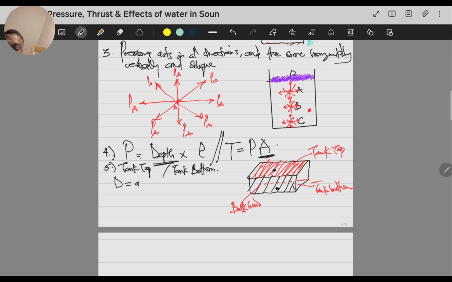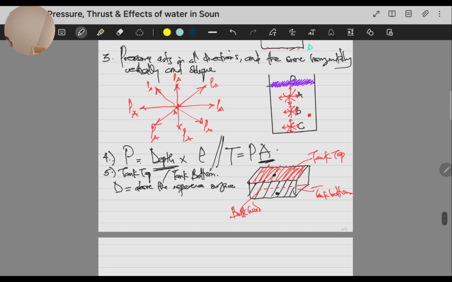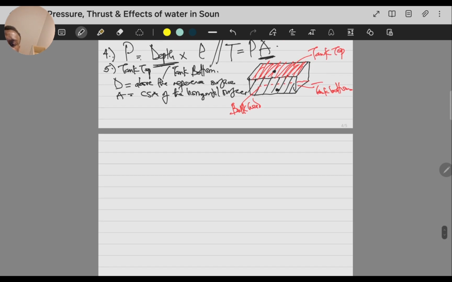So your depth is always the depth above the reference surface, the actual depth from the top. We don't divide or multiply anything. It's whatever depth it is to the surface, and the area is the cross-sectional area of the horizontal surface. Now this changes when you are considering a bulkhead.